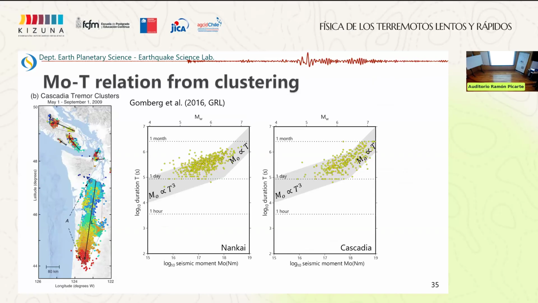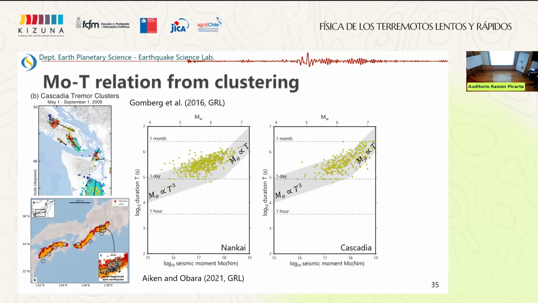And some people say, as I said, this trend might be changed to this way. Because if we plot the size of tremor clusters in this plot, this trend is not exactly this trend. It can be observed in different areas in Nankai and Cascadia. But this is a result from one group. There are different results from different groups.